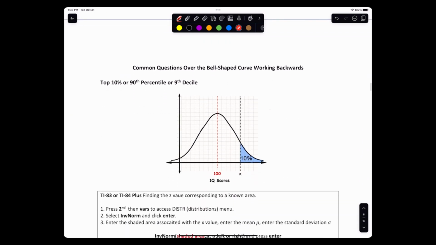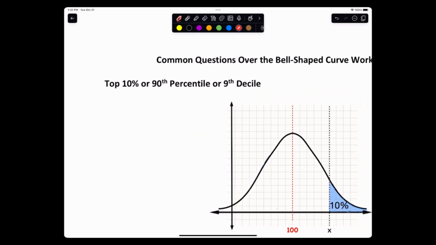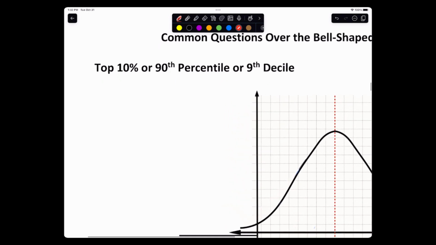But I want to share with you some important common questions about working backwards. Okay, so we do have common questions. Now you say, how do I work backwards? Well, they may want an IQ score that's in the top what? Top 10% is really the 90th percentile.